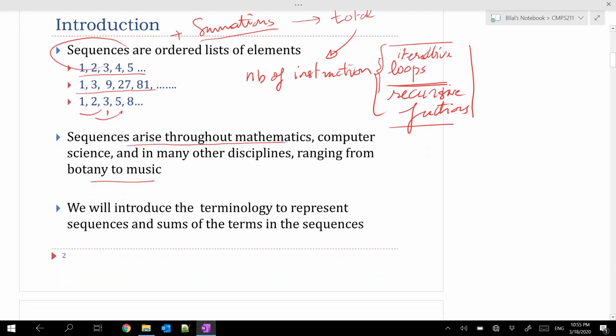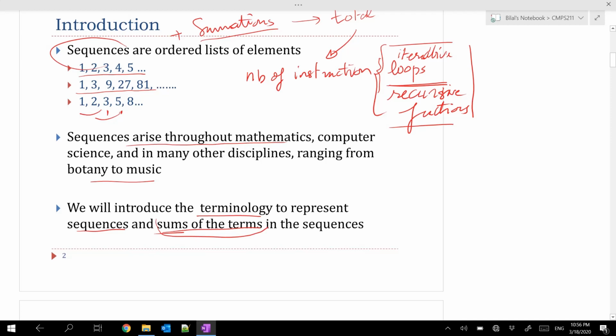In this chapter, we will introduce the terminology to represent sequences and the sums of the terms in sequences. We will give you a table that summarizes the famous sums of terms of famous sequences.